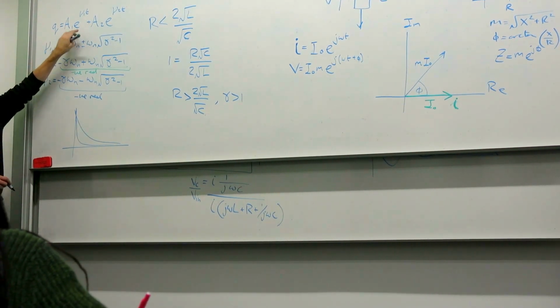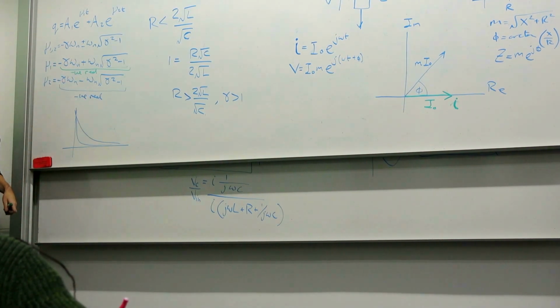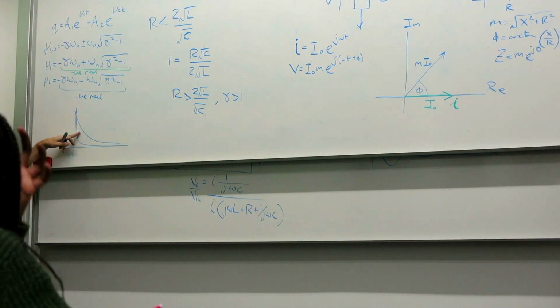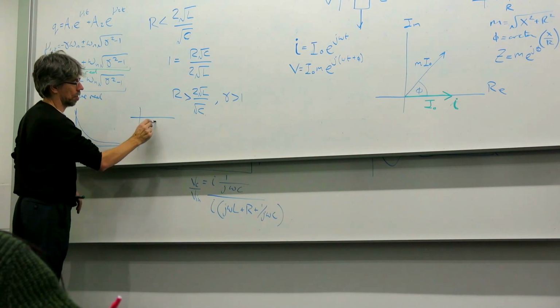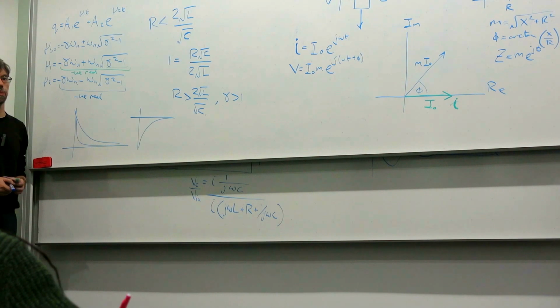The solution is just two exponential decays, and that's heavy damping. So it looks like it's the sum of two exponentials, but it looks like an exponential decay towards the equilibrium.